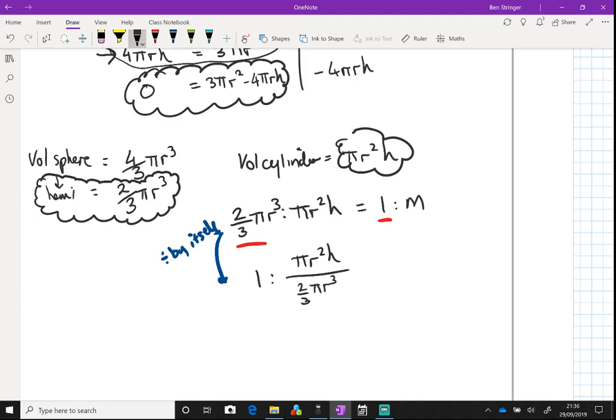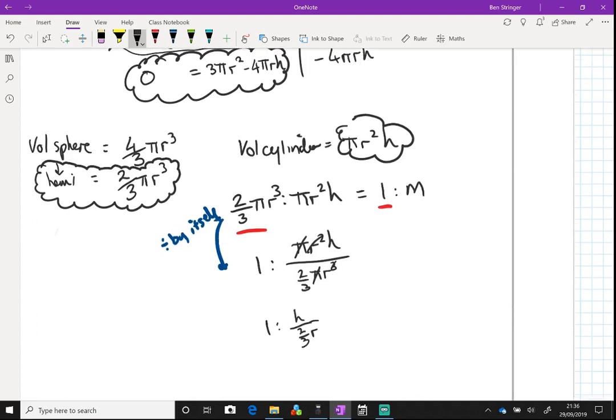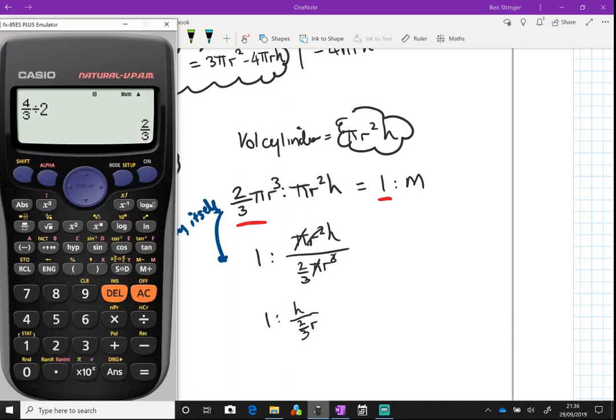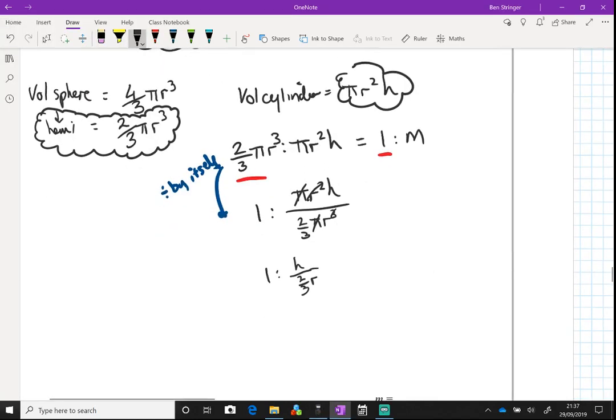Now we can do some cancelling here, I believe. Got a pi there, I've got a pi there, got an r squared there, r cubed. We've got 1 h over 2/3 r. This is technically 1 divided by 2/3. 1 on the numerator divided by 2/3. 3 over 2, which is 1.5. 1 to 1.5 h over r.